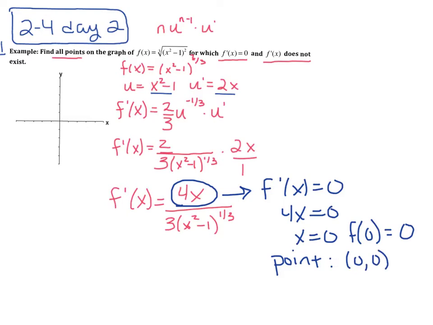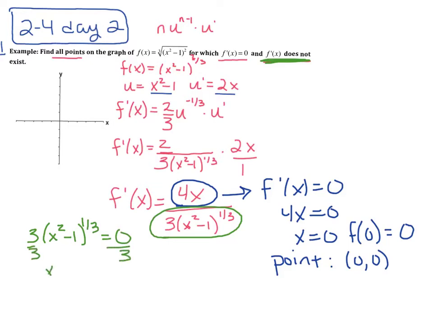Now the next part is new. They want to know, where does f prime of x not exist? And where do we know things don't exist is in the denominator. So we're going to take the denominator and we're going to set it equal to 0 also. So 3 parentheses x squared minus 1 raised to the 1/3 equals 0. I can divide by 3, and that's going to give me 0.